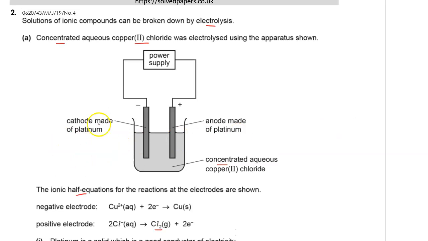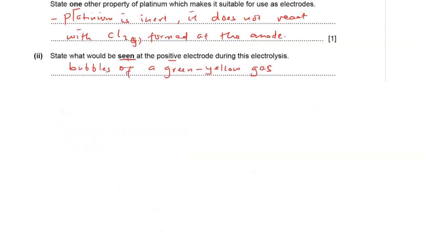The negative electrode is still platinum, and we are seeing copper is being discharged at the platinum. So copper will coat around the platinum, and the mass of the platinum will increase. The mass of the platinum electrode, which is the cathode, will increase.